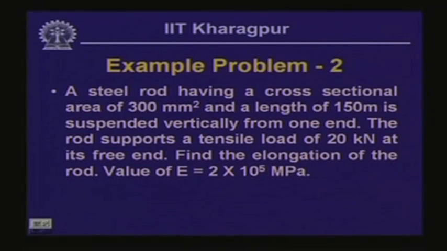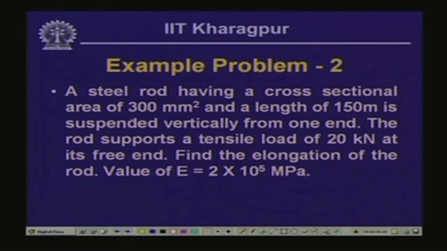Now, let us look into some of the examples of how we compute this deformation if the force in the member is known, if we know the cross sectional area of the member, and if we know the material property, which is the modulus of elasticity of the material. Now, in this example we have a steel rod which has a cross sectional area of 300 millimeter square, and the length of the bar is 150 meter.